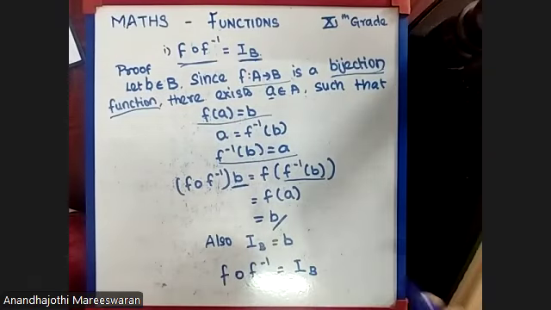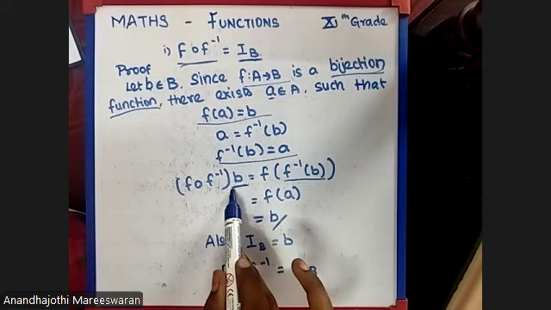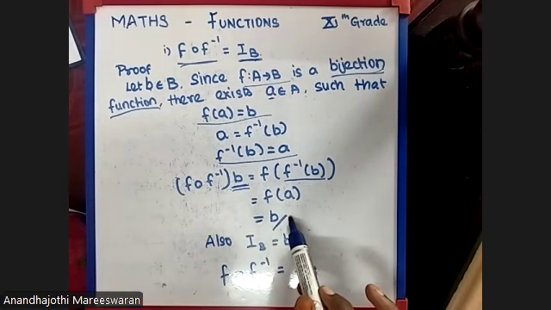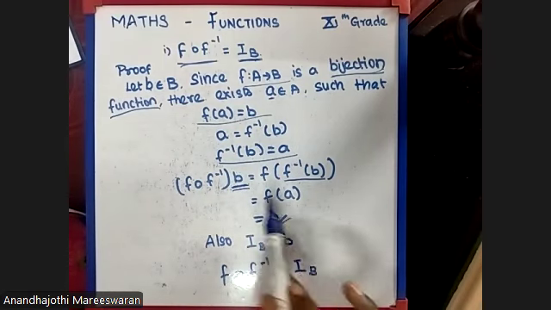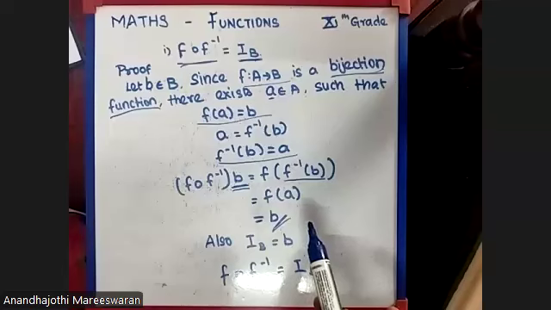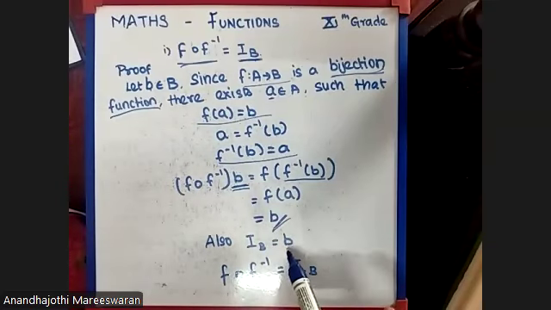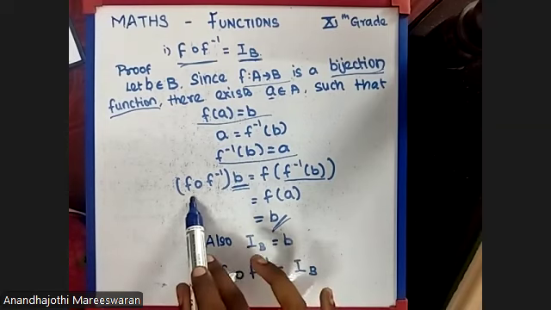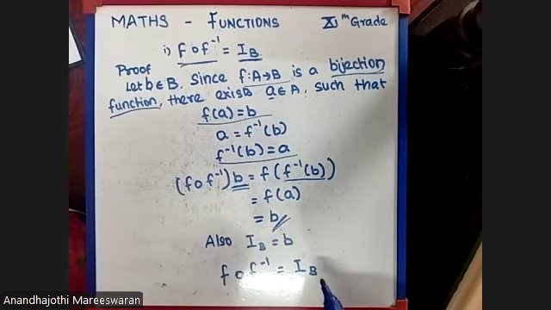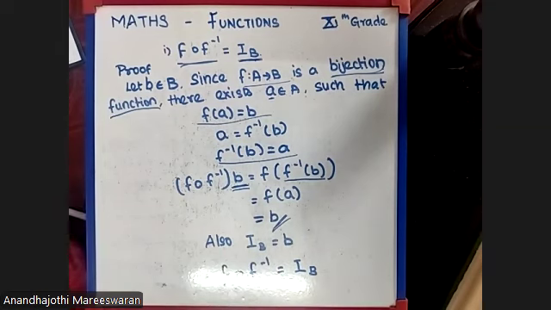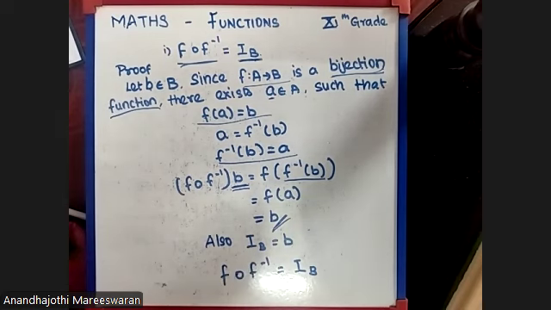We put it. If input is given and the output is the same, and both belong to the same set, then it is an identity function. So here we can take I_B of b is equal to b, so that f circle f inverse equals I_B. Clear? Clear. I will give you one more minute to copy this down. Do you have any doubts? If you have any doubts, you can feel free to ask me.